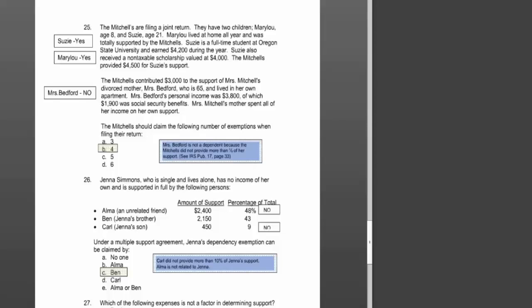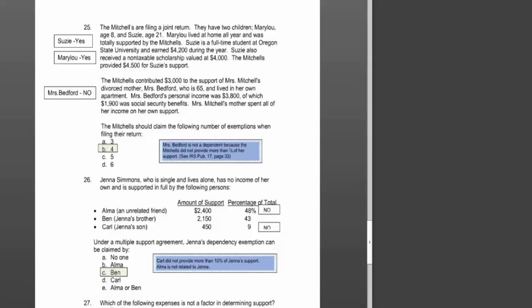Mrs. Mitchell's mother spends all of her income on her own support. So when we are looking at whether or not you provide over 50% of the support, we do look at Social Security benefits and see if they were used towards support. It's not like in the gross income test where we are looking at whether or not they made over a certain amount.